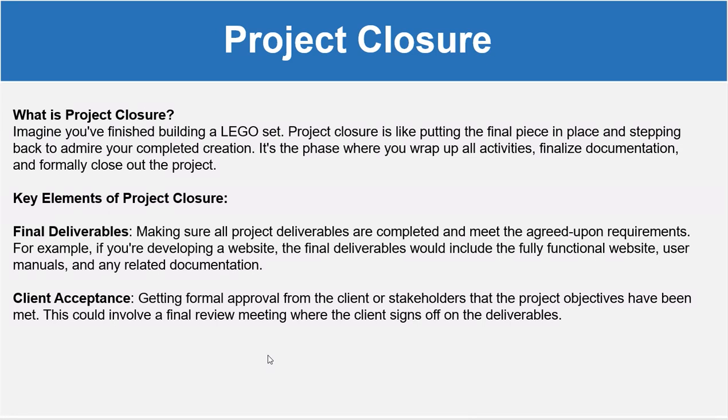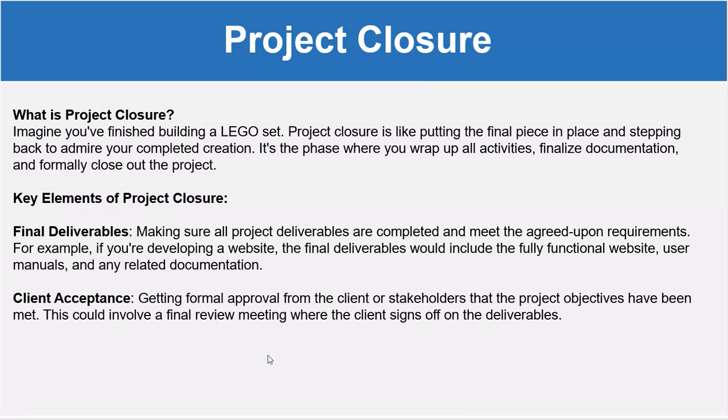The key elements of the project closure activities are, first, the final deliverables. That means we make sure that all the deliverables decided as per the scope of work, and the agreed upon requirements, have been delivered to the customer. For example, if you are developing a website, the final deliverables would include the fully functional website, working appropriately, along with the user manuals and any related documentation.